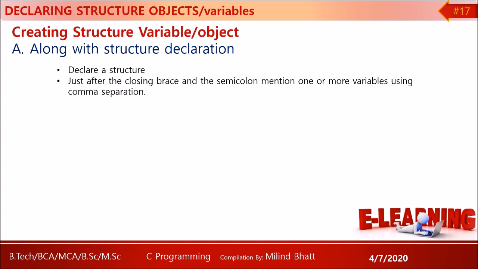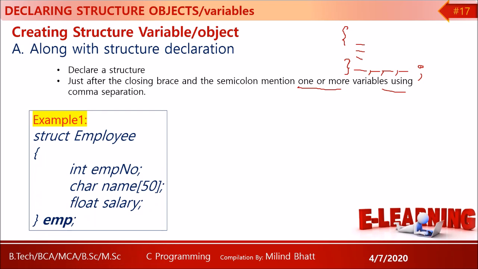How can it be handled? Declare a structure and just after the closing brace, before placing the semicolon, I will give all my objects. If there is more than one, I will separate them with commas and the whole list will be defined there. So just after the closing brace, mention one or more variables using comma separation.